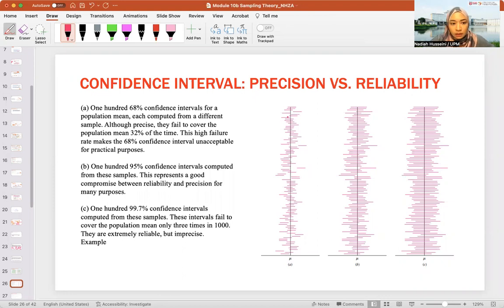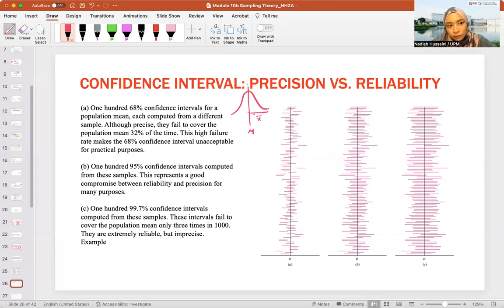For A, 100 68% confidence intervals for a population mean. Imagine that you had your distribution, a normal distribution. You had your X over here. Remember that we had the horizontal bar for the confidence interval for the mean. This is what it is. And the straight line is your mu.